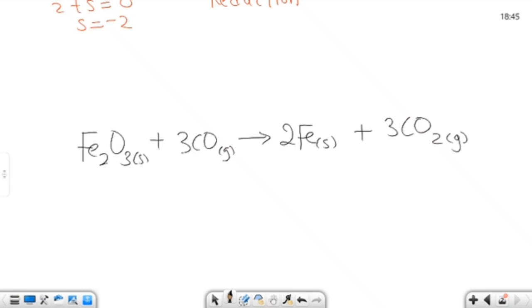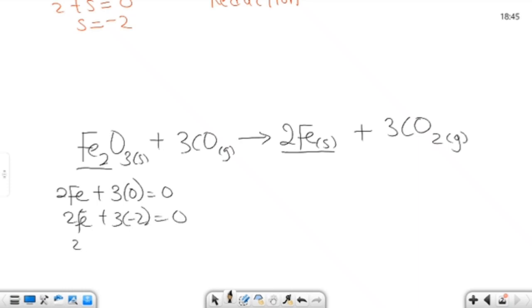Now, let's take a look at the oxidation number of iron at the reactant side and at the product side. For iron at the reactant side, we have 2Fe plus 3 oxygen equals 0. Oxygen is minus 2, so 3 times minus 2 gives us minus 6.